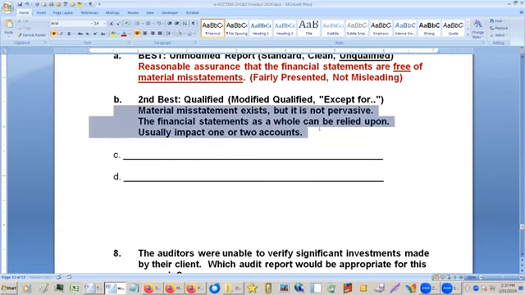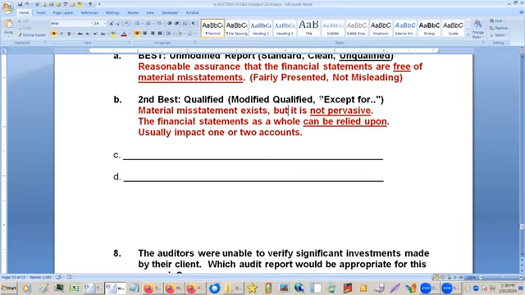So not pervasive. It's not throughout the entire financial statements. It's only one or two accounts. And the financial statements as a whole can be relied upon, or that they are, as a whole, fairly presented.